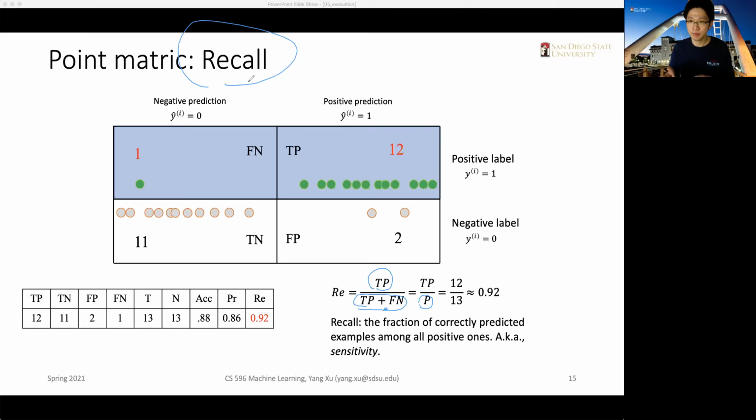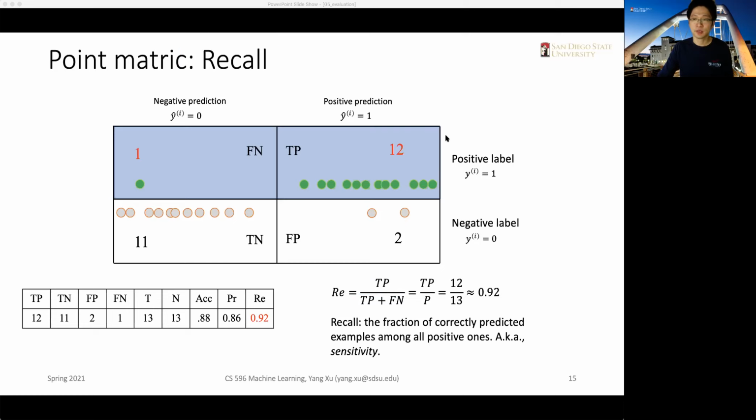We are trying too hard in making positive predictions because we don't want to leave any positive examples behind. But a side effect is that we are also picking up some negative examples. The false positive rate could be high and the precision could be low. So there's often a trade-off between recall and precision.